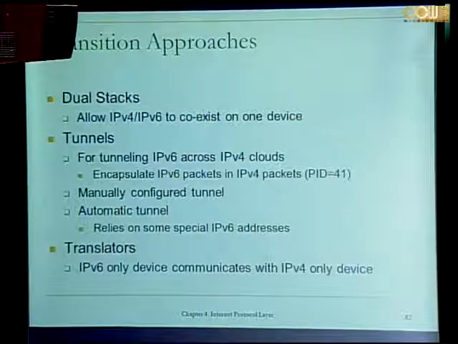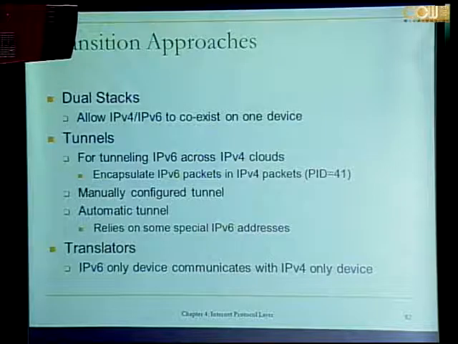And the second approach is called tunnels. Unfortunately, it's very difficult to make all the hosts or routers dual stack. So what you need to do is to either use tunneling or use a translator. These two approaches will be used to do the interconnection or internetworking. For tunnels, suppose the source and destination are IPv4, but they need to traverse a network of IPv6.